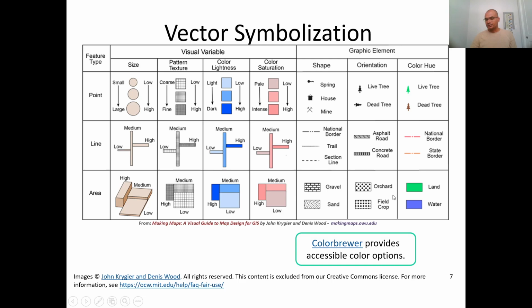So once you choose the discrete approach or continuous approach based on the nature of your geographical data, then you can decide different symbols. If you are choosing a vector model, you have a wide variety of visual variables and graphical variables.